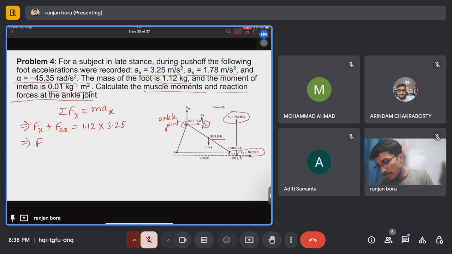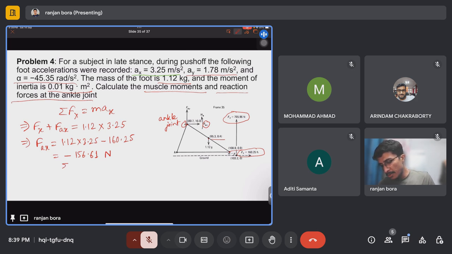Using this we can find Fax, which will be minus 156.61 Newton. This means the direction of Fax will be opposite to what we assumed here.